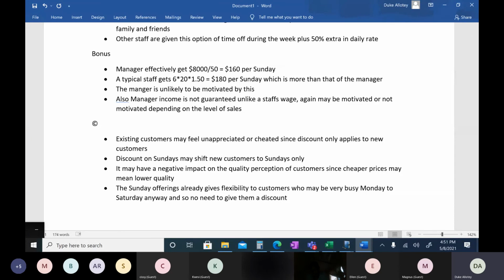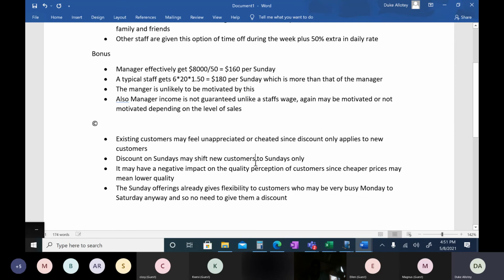So we're looking at, is it worth giving a discount at all? And these are the points we are raising to finish off the question. Existing customers may feel unappreciated or cheated since the discount only applies to new customers. And then the discount on Sundays may shift customers from other days to Sundays.